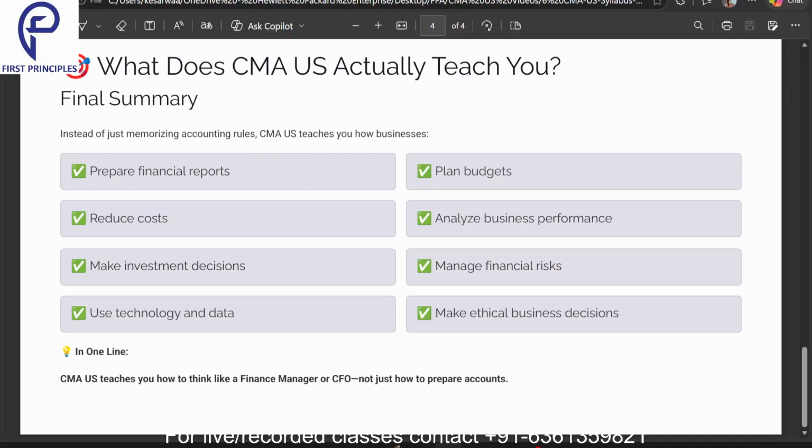It does not just help us prepare accounts. After completing the qualification, we become a different kind of individual who can not just prepare accounts but also think in a way that gives us the mindset of a finance manager or a CFO. So that's all about the CMA US syllabus.